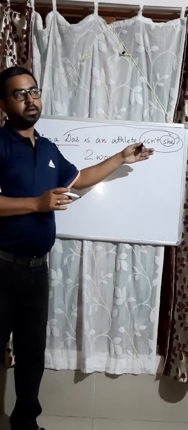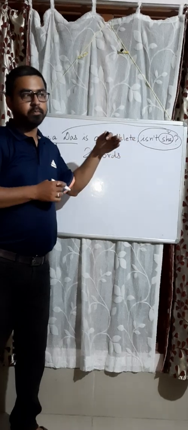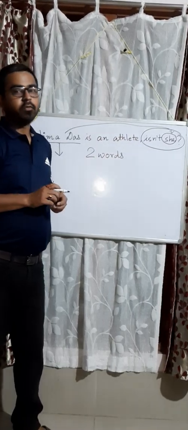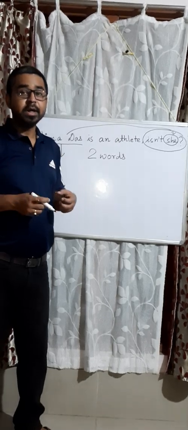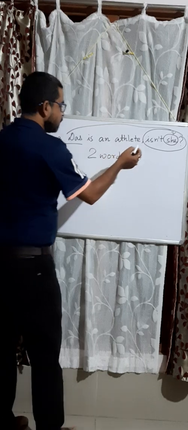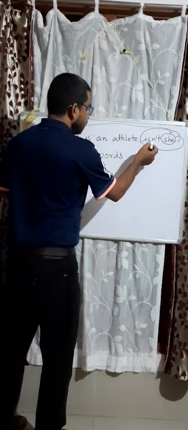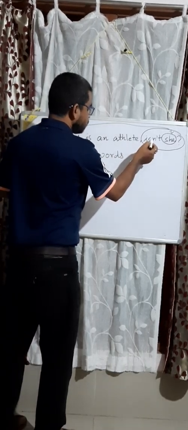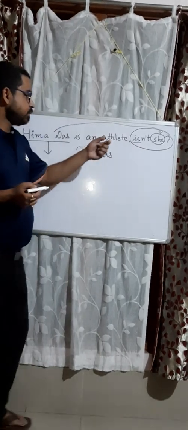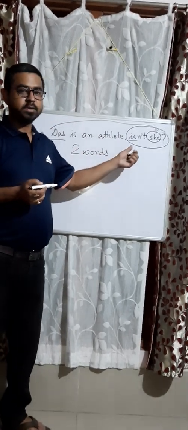Or if the subject had been any plural subject, we would have used they. Or for inanimate objects, we use it. Now, the other word of the question tag should always be an auxiliary verb, which you have seen in the list of auxiliary verbs.